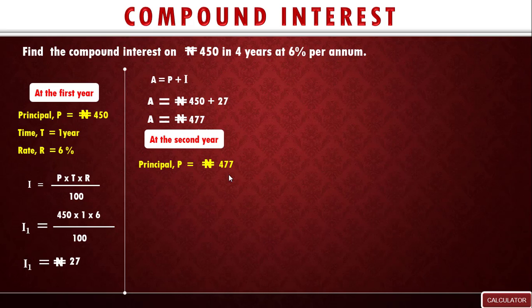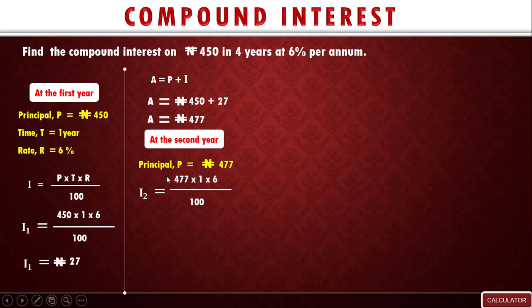Our time, since we are at the second year, is still 1 year. Then we know the rate to be 6%. That means our I2 will be 477 times 1 times 6 all over 100, if you remember the formula. So our I2 is the interest at the second year.